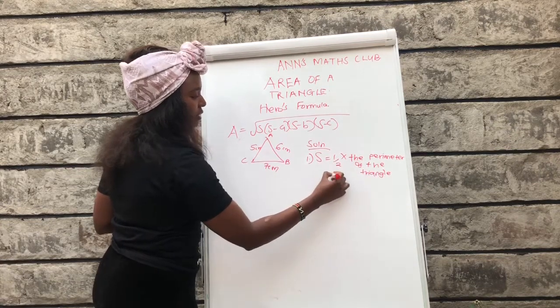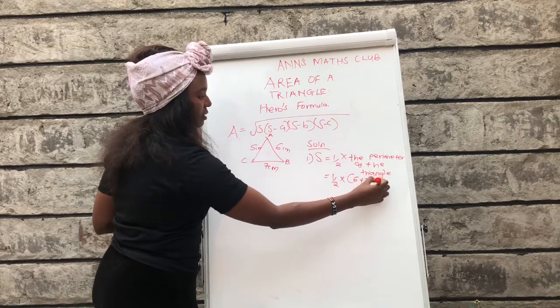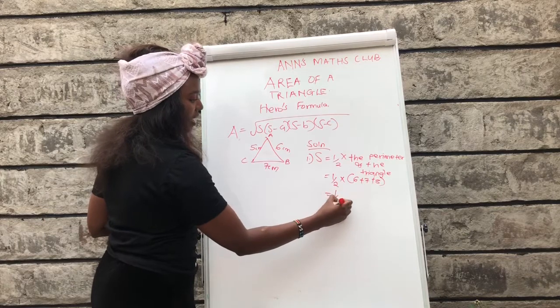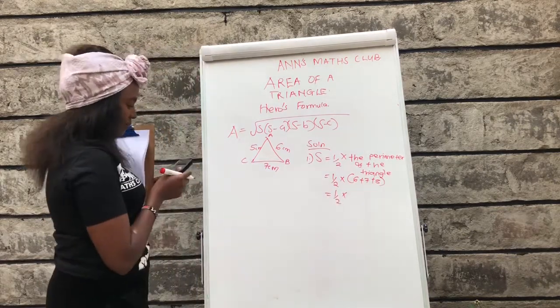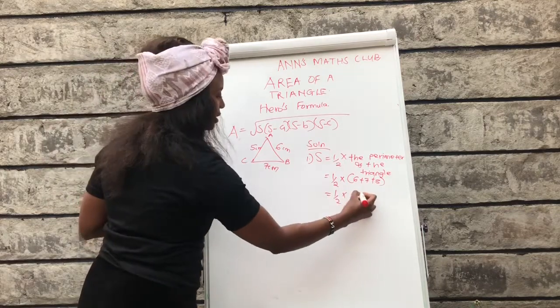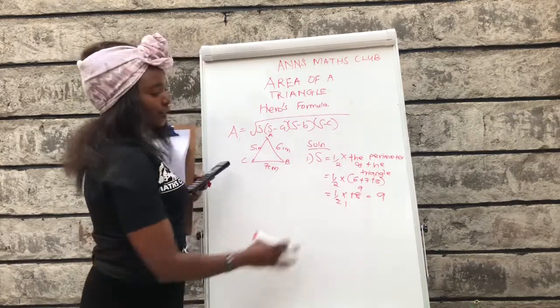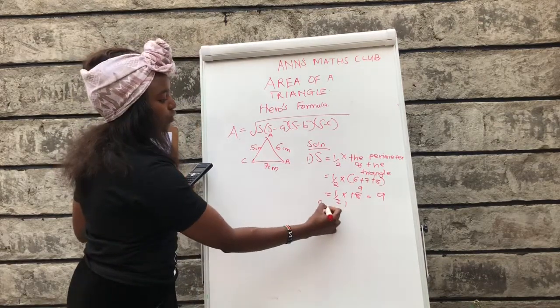And that becomes a half times 6 plus 7 plus 5, which becomes a half times 18. So this becomes 9. So once you get your s is equal to 9.